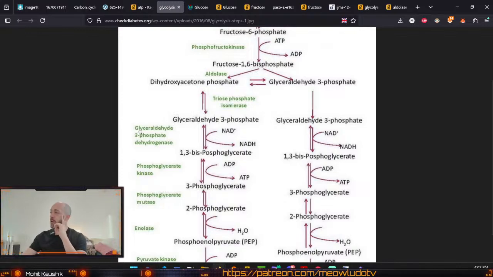The enzyme acting on it, glyceraldehyde 3-phosphate dehydrogenase. It's going to be taking hydrogen away from a phosphate group. We're going to have a look at this reaction here. Glyceraldehyde 3-phosphate.